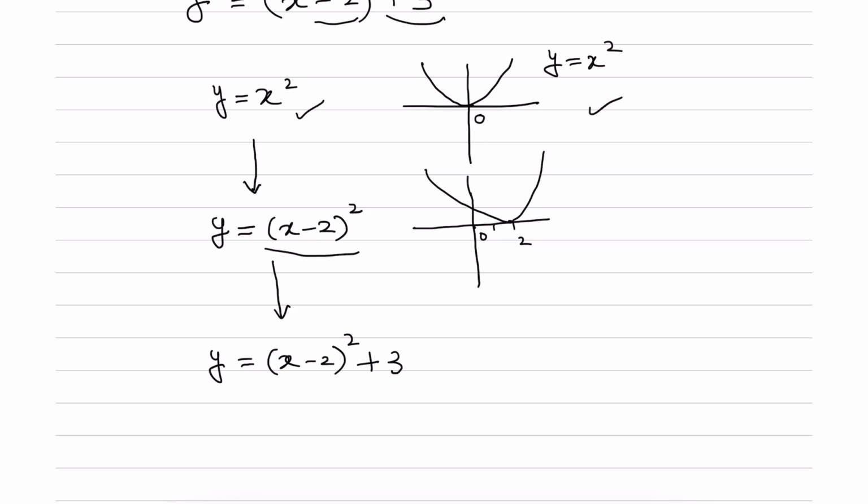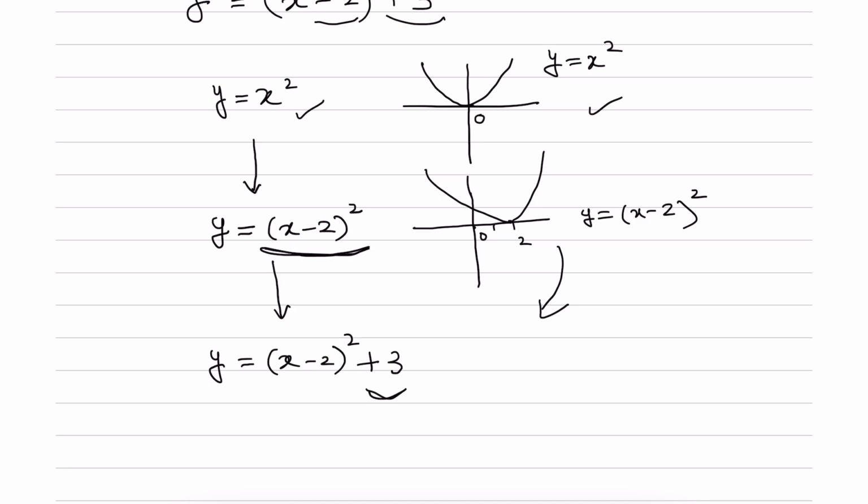So in this complete function, we are adding a number 3, and we know that if we add a number on the right hand side of a complete function, we shift the graph. Which graph? This graph 3 units up, because this is the shape of the graph y equal to x minus 2 whole square.